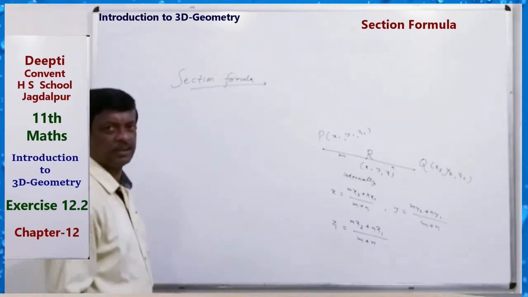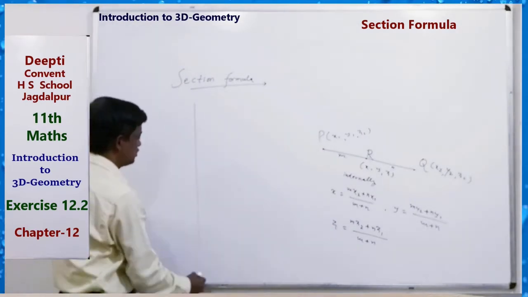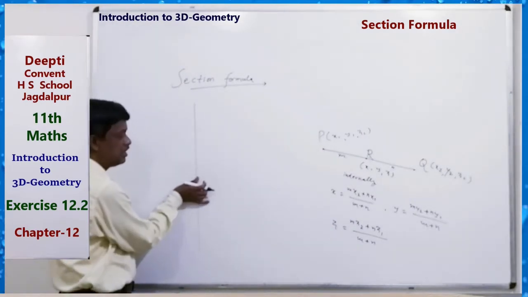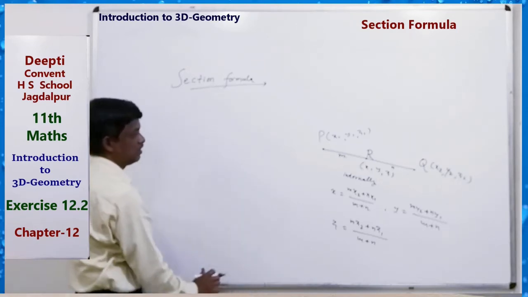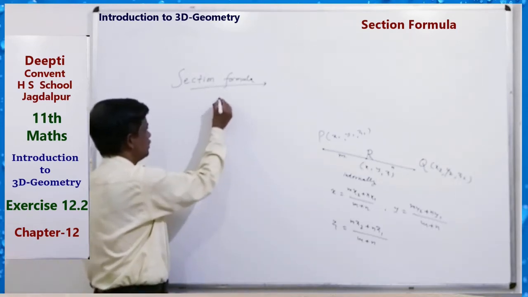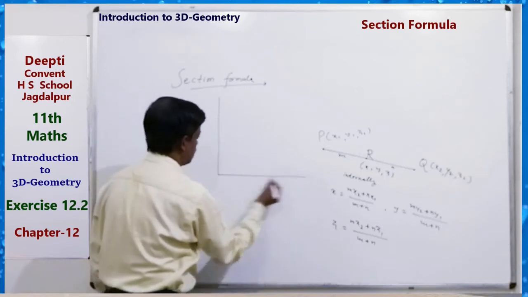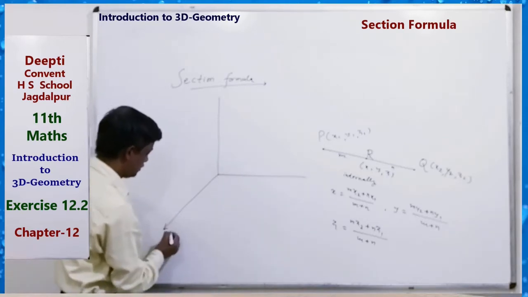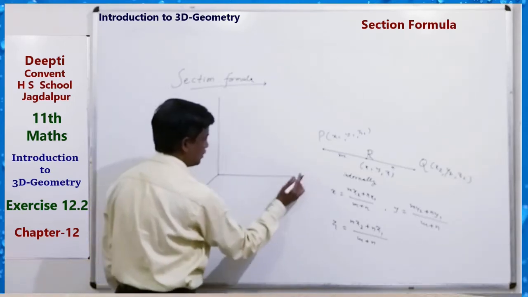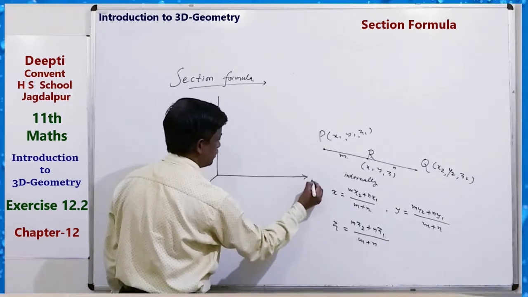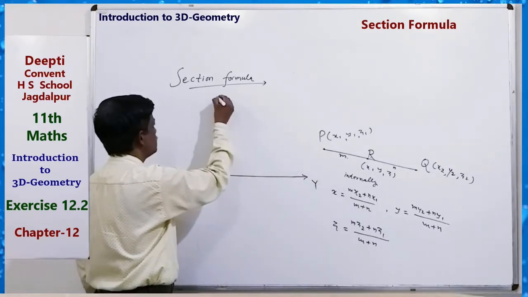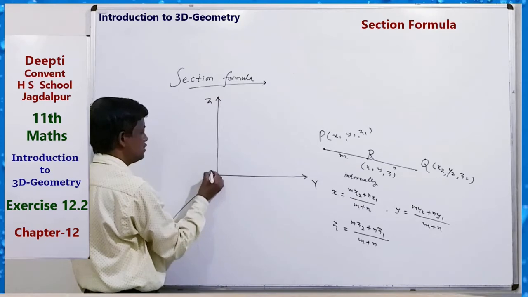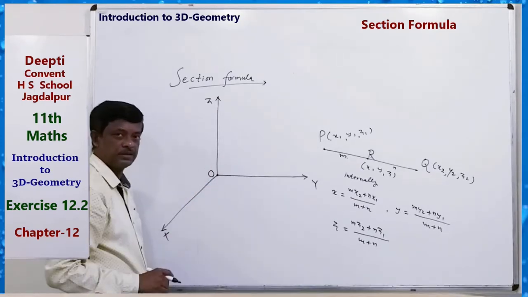We can draw the diagram like this. Suppose this is our 3D diagram. This is the x-axis, this is the y-axis, this is the z-axis, and this is the origin.